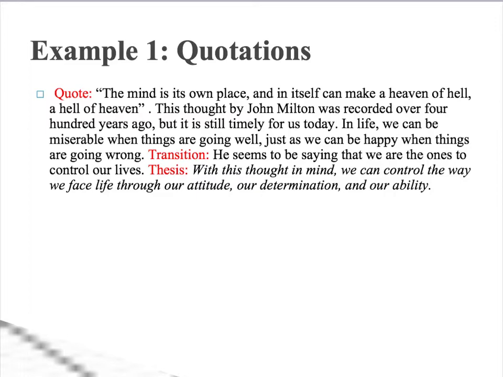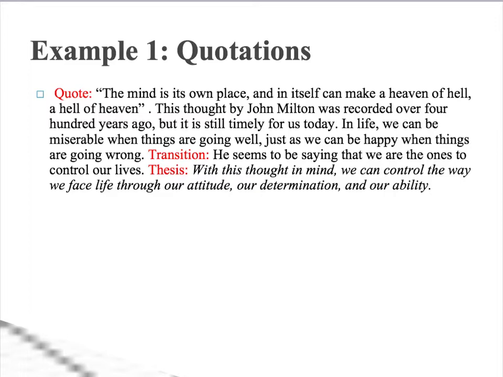Okay. So let's look at our first example. Here's the quote. The mind is its own place, and itself can make a heaven of hell, a hell of heaven. This thought by John Milton was recorded over 400 years ago, but it is still timely for us today. In life, we can be miserable when things are going well, just as we can be happy when things are going wrong. Here's our transition from the quote. He seems to be saying that we are the ones to control our lives.